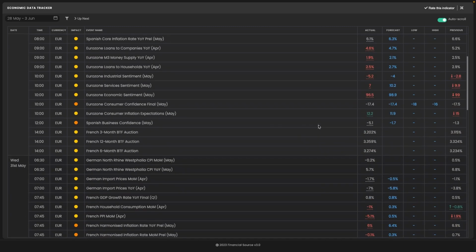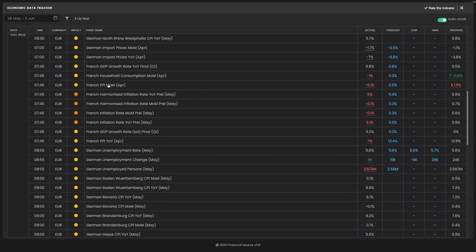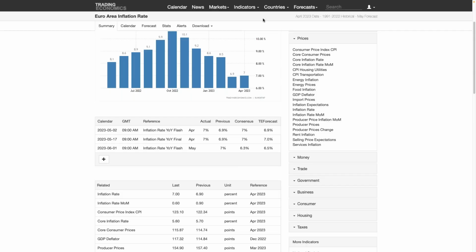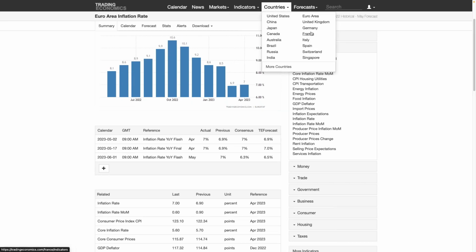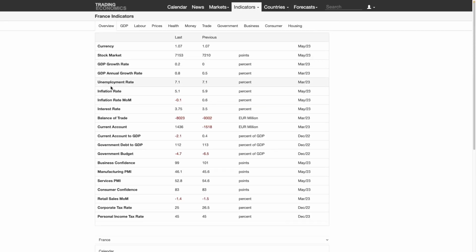Now, when you add that to what we've seen today, French producer price inflation significantly lower, so producers are under less price pressure. The headline is 6% down from 6.9%, and that's against 6.4% forecast. Let's take a look at the French inflation data.